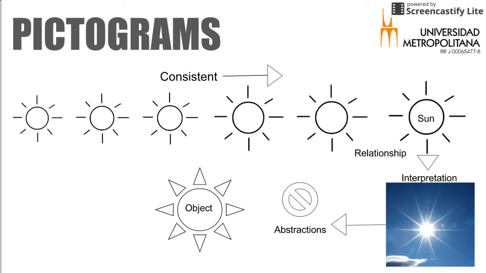To sum up, the pictogram is conformed to be consistent, to have a relationship between the object and its interpretation, and finally, to just consider the object as itself.